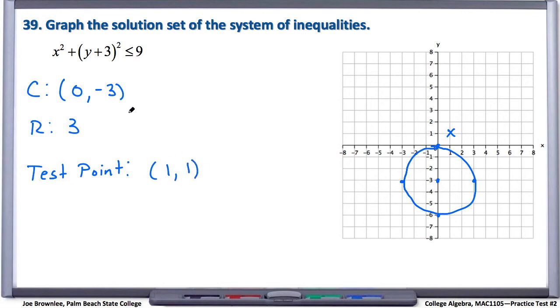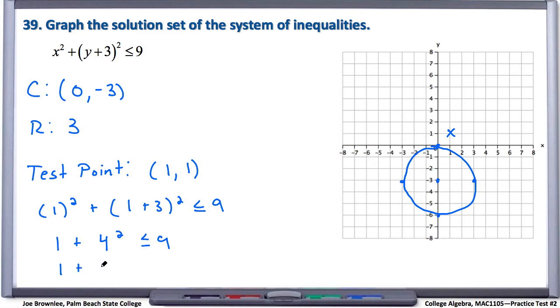We're going to plug this point into the inequality and see if we get a true or false statement. So 1 squared plus (1 plus 3) squared less than or equal to 9. Well, 1 squared is just 1, plus 1 plus 3 is 4, so 4 squared less than or equal to 9.